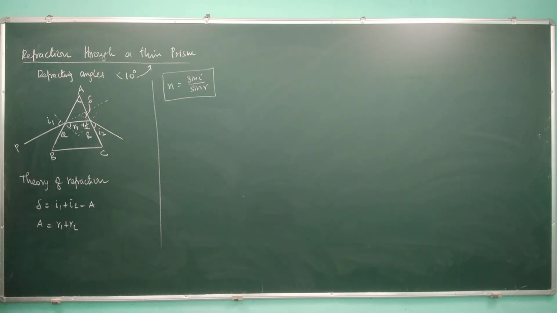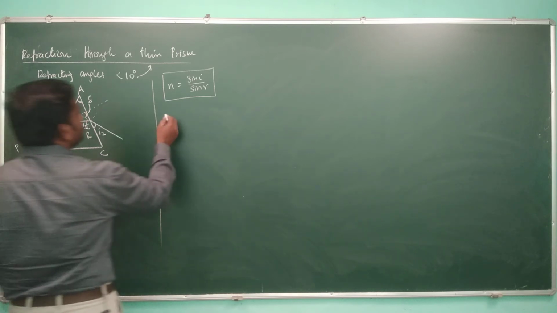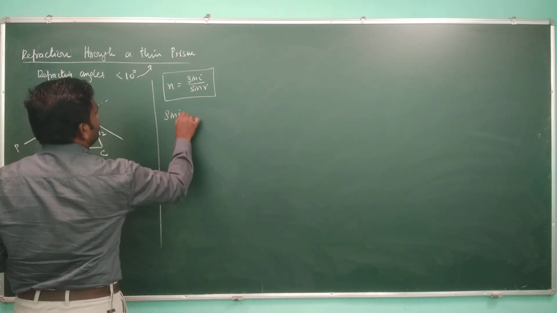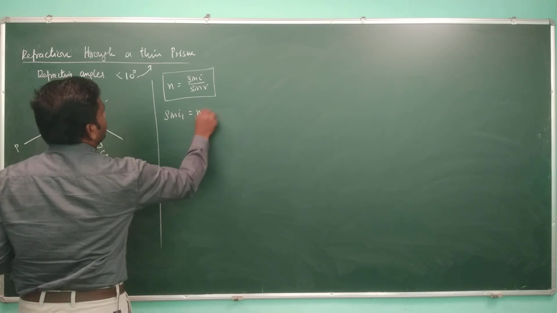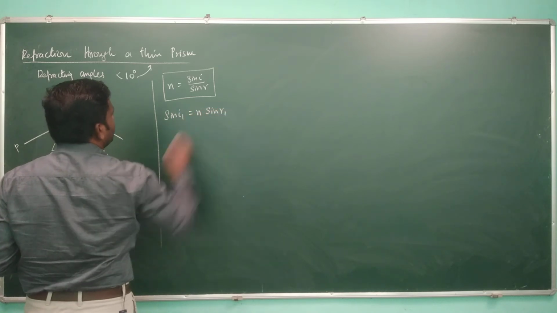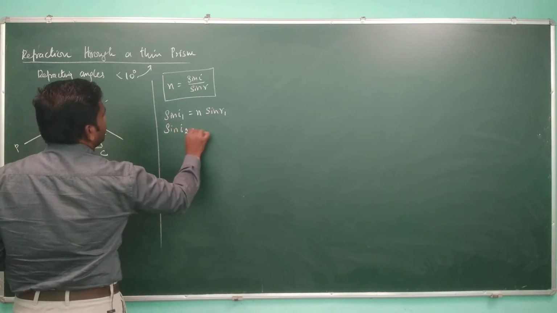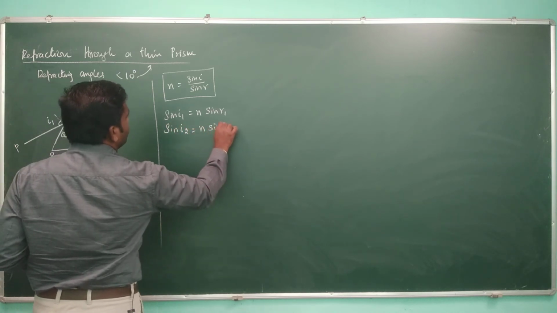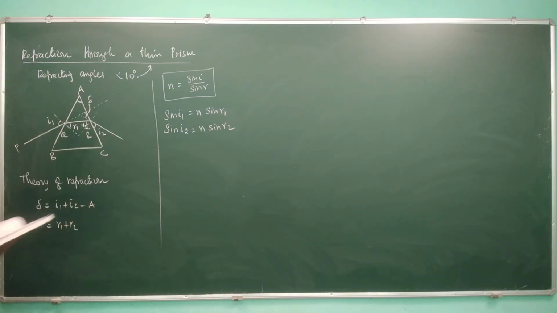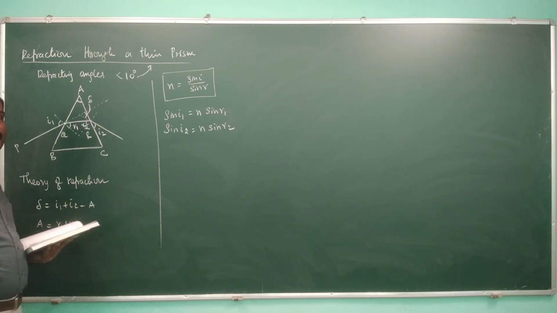You can apply this equation at point Q and point R, so that sin I1 is equal to n sin R1, and similarly sin I2 is equal to n sin R2. But for a thin prism, the angles of refraction will be less than 10 degrees.